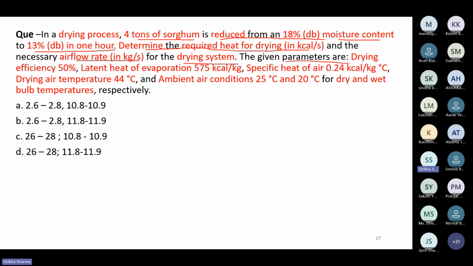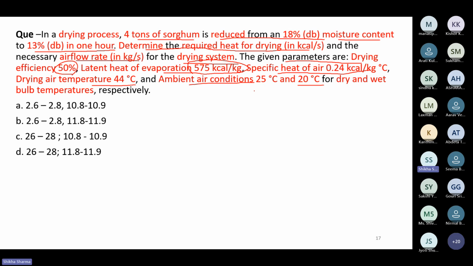The given parameters are drying efficiency 50%, latent heat of evaporation 575 kilocalorie per kg, specific heat of air 0.24 kilocalorie per kg per degree Celsius, drying air temperature 44 degrees Celsius, and ambient air condition 25 degrees Celsius dry bulb temperature and 20 wet bulb temperature.